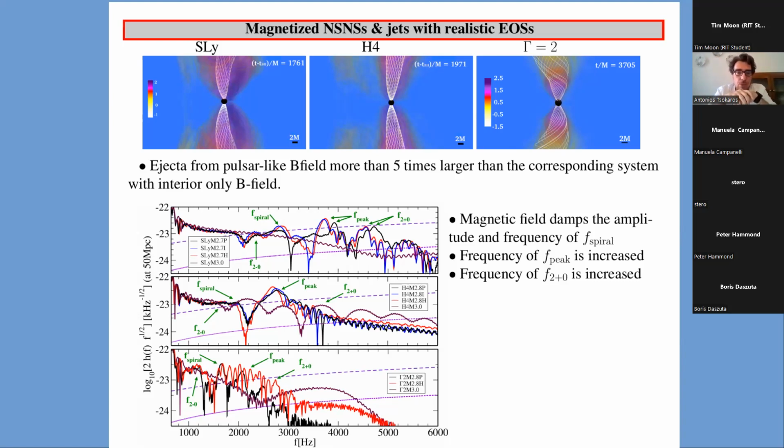And on the bottom, you can see on the 3 panels the spectra from the SLY on the top, the H4 and the gamma equal 2 runs. In general, the take-home message is that the frequencies, because of the magnetic fields, are essentially shifted a little bit. For example, the peak frequency or the 2+0 frequency are increased.